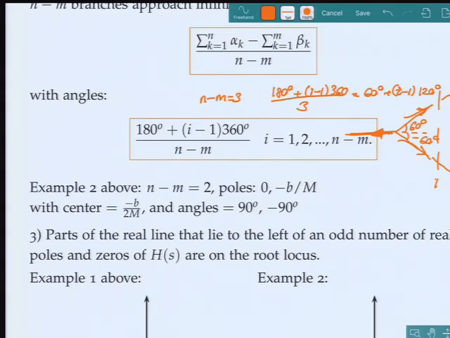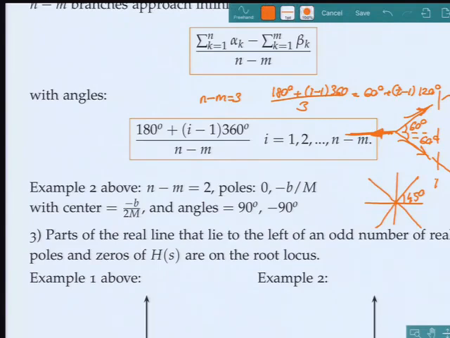So what if n minus m was 4? What would be the angles here? 180 divided by 4 is 45. 45 degrees. Add 90, you get negative 45. So now you have 4 asymptotes that are like this, right?